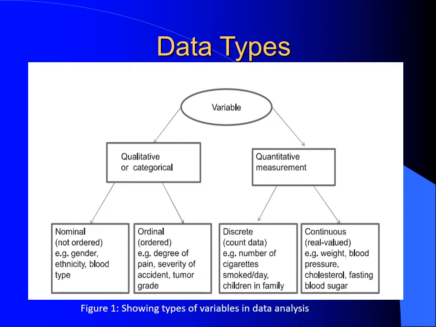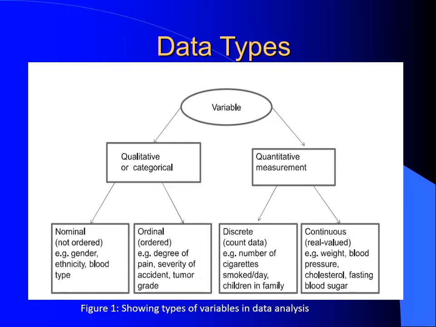Now, we talk of the types of data we have been talking about, categorical and measurement data. These are measures of disease frequency for qualitative data, especially nominal: disease present or disease absent.